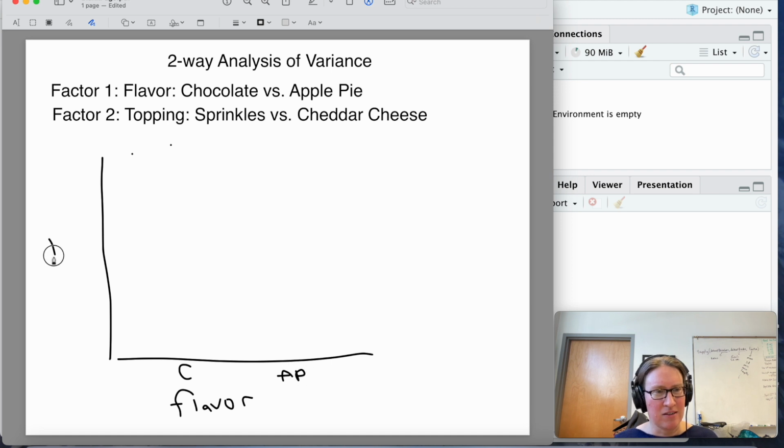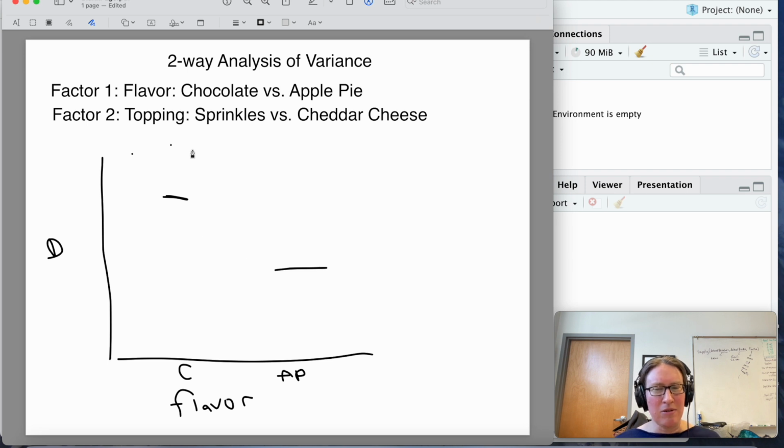Right, and then my y-axis would be deliciousness. Right, and I realize everyone's a little different in terms of their ice cream preferences, but let's just say that I prefer chocolate ice cream more than apple pie ice cream. Okay, so just in general, if you were to have me rank deliciousness, chocolate would be somewhere up high, apple pie would be somewhere down low.